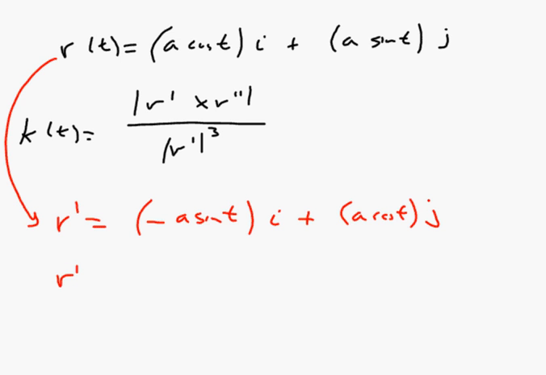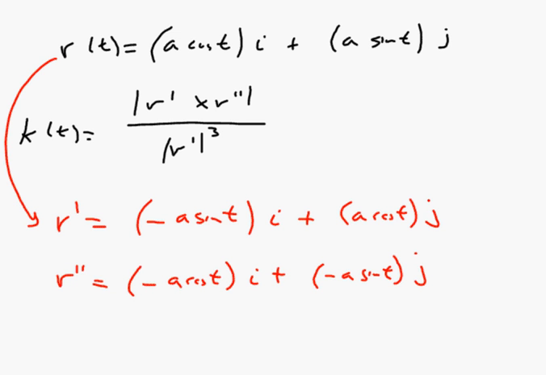And while we're at it, r double prime would equal negative a cosine t i plus negative a sine t j. All right, there you go.